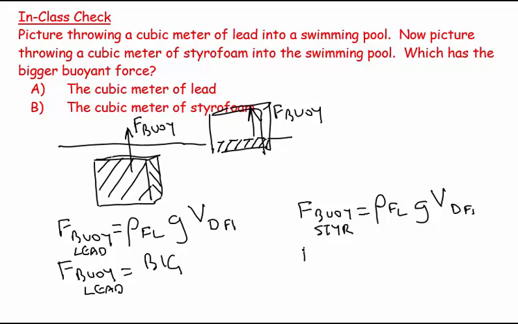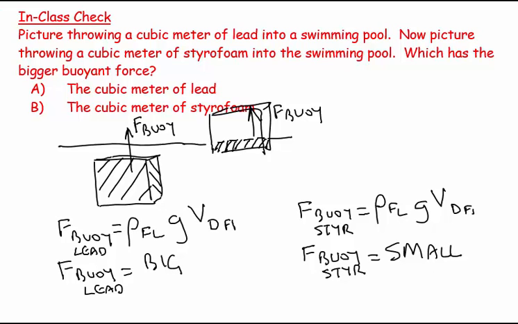So the F buoyant for styrofoam is, well, the density is the same and g is the same, but the volume of the displaced fluid is much less. So this would be small.